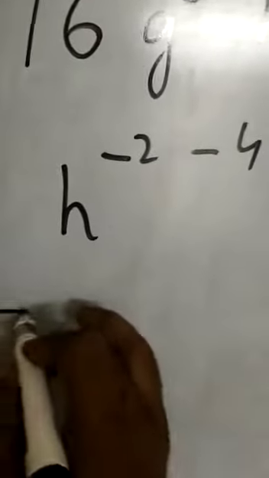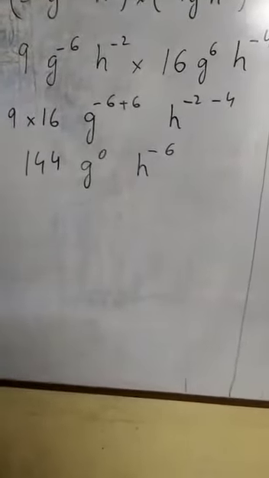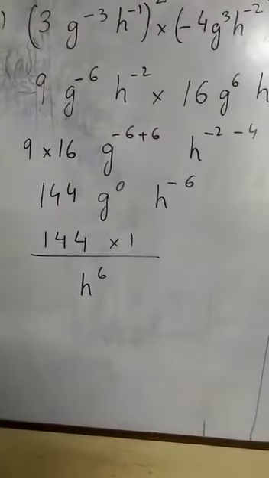Over here we have H^-6. So 144 G^0 and H^-6. This G^0 will become 1, and because we have to convert this into positive indices, that 6 will go down.